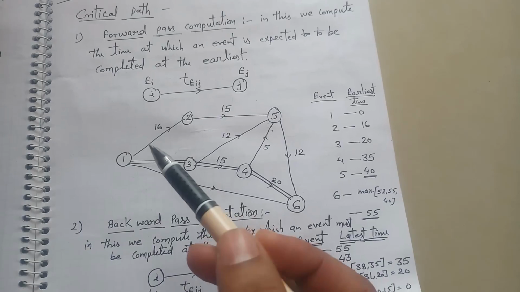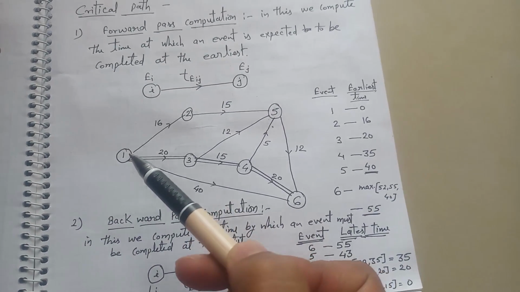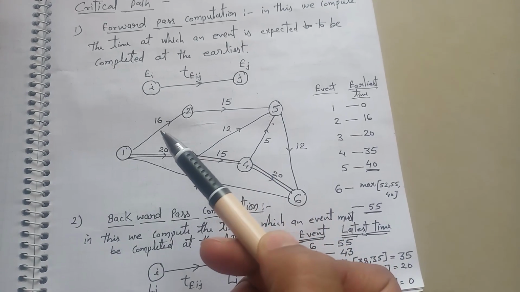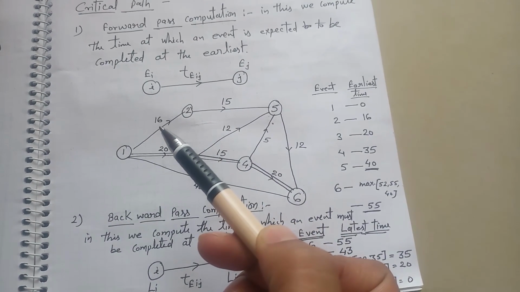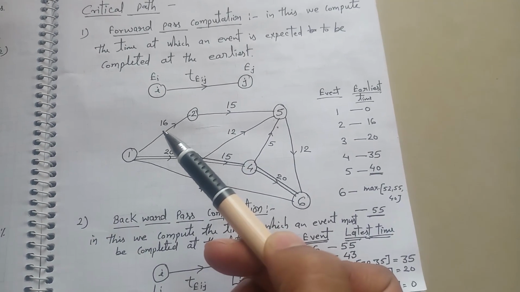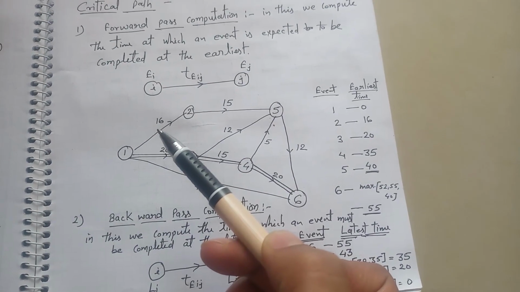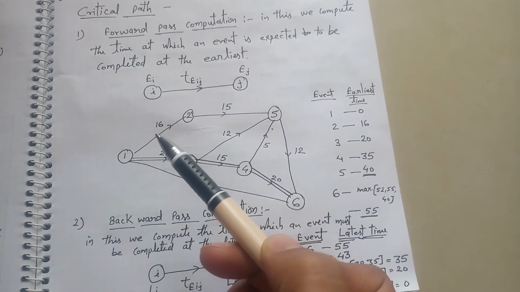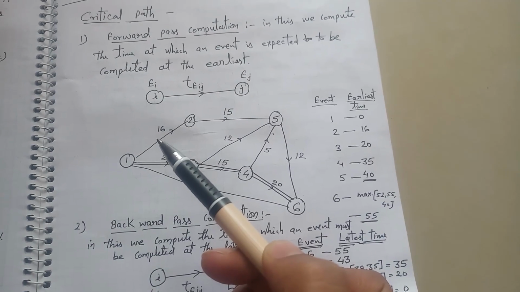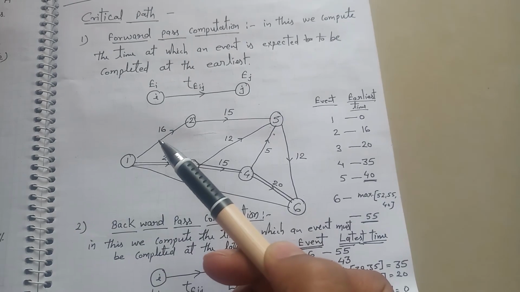Okay. Now, for example, we have an activity 1-2. The expected time for the 1-2 activity is 16. It may be in days, it may be in weeks, it may be in months. Now, how to calculate the earliest time in forward pass computation?